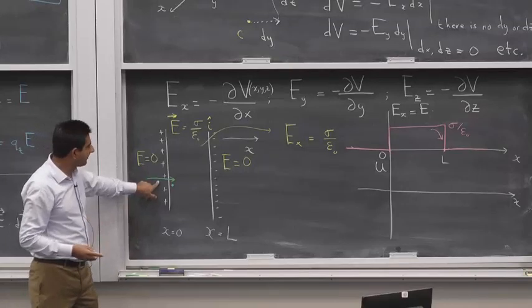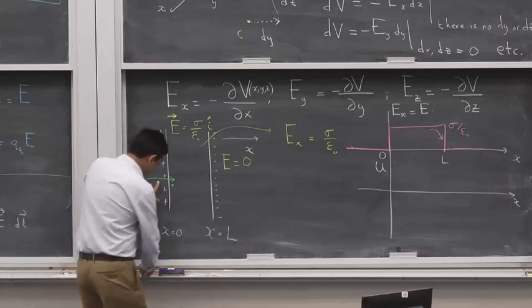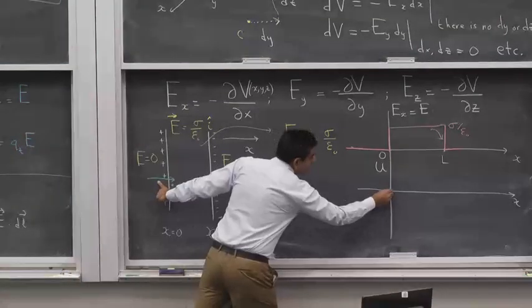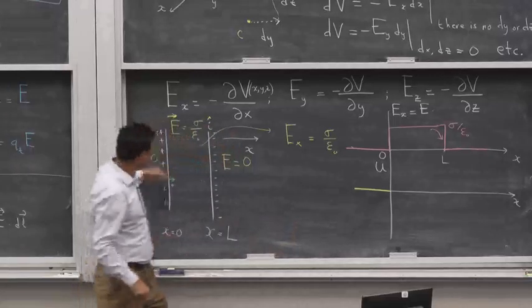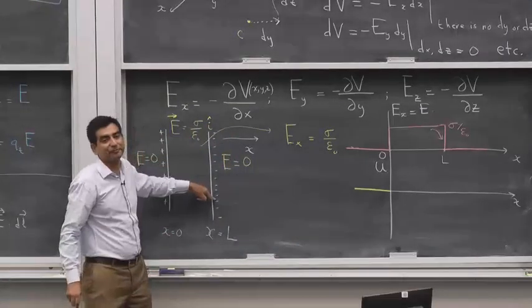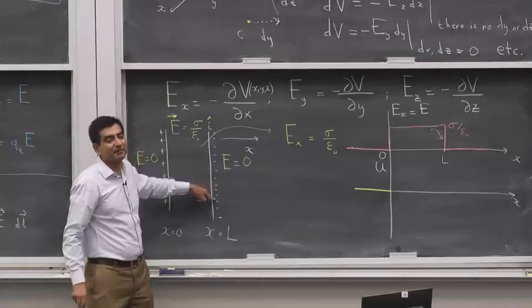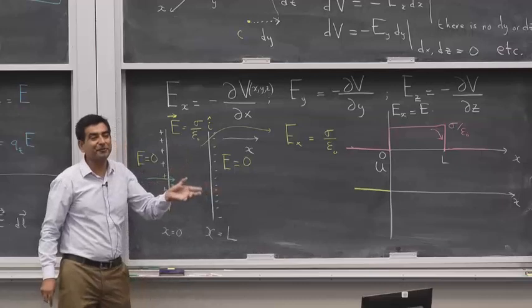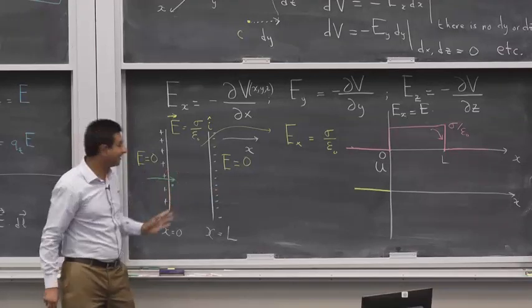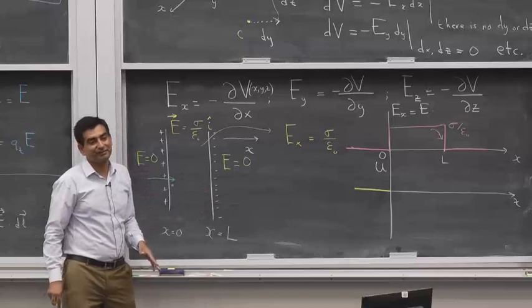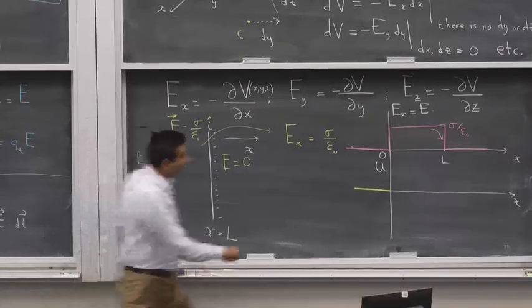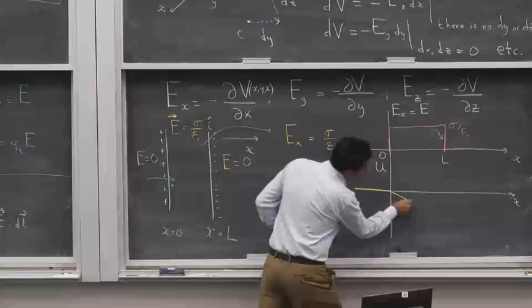So here the potential energy is 0. Then the potential energy drops to some minimum value. Remember, delta U is minus delta K. The kinetic energy goes up and the potential energy goes down. Right? And it goes down like this in a linear fashion.